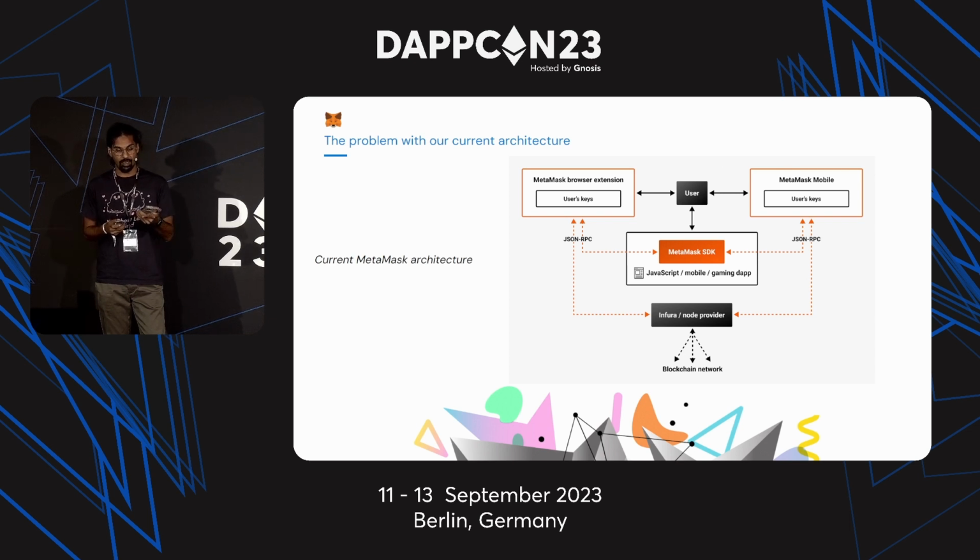And similarly with the extension, we have a set API that we're building that developers will rely on. And the thing is that they have to move at our pace. And so that makes it difficult for the wallet to grow quickly with people's needs and wants.